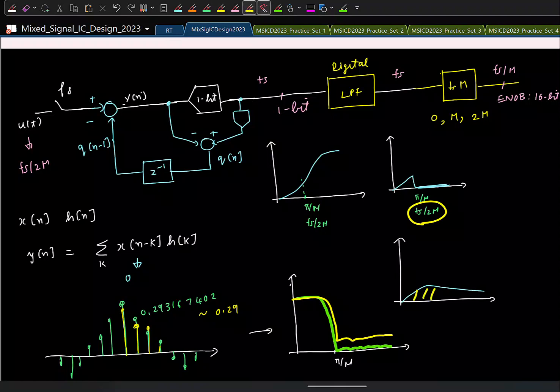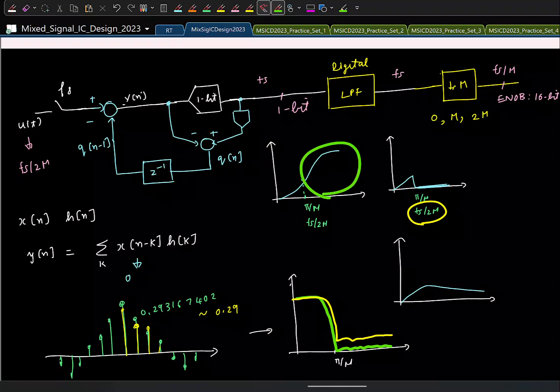So the overall quantization noise power will increase now, right? So I cannot use a really small number of bits for representing this. I'll have to find the minimum number of bits I need to use to represent my impulse response so that I get a reasonable filter frequency response, and that frequency response must be able to attenuate this to a sufficiently small amount.